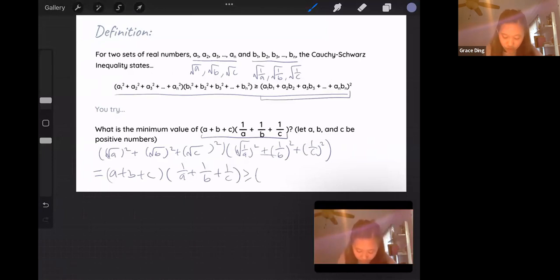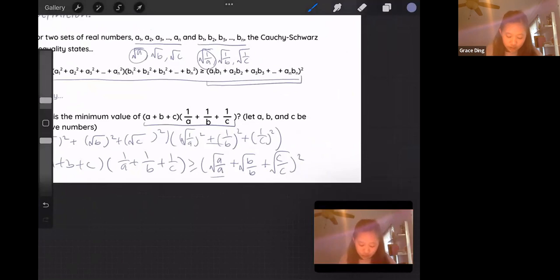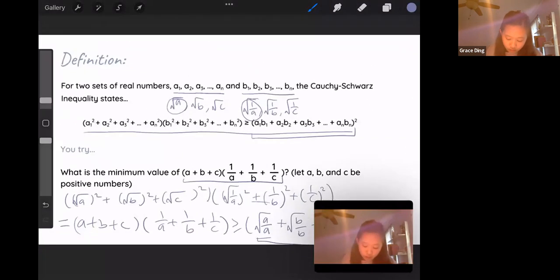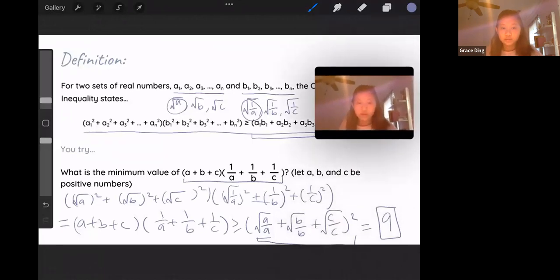It would be more than or equal to the square root of A over A, because we multiply root A and root of 1 over A. So that would get this. And then we have these two, and root of C over C squared. And then, as you can see, they can all cancel out. So it would just be 1 plus 1 plus 1 on the inside. So that'd be 3 squared, which is also 9. So for this problem, you can use either way to solve it.